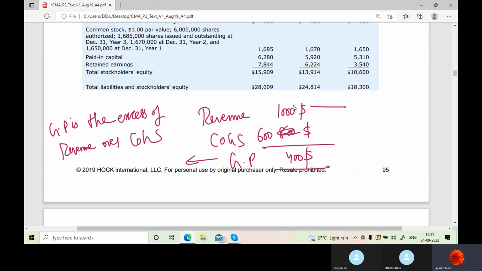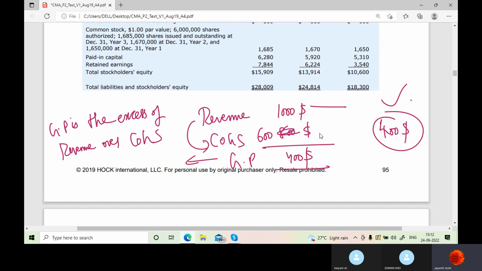That is nothing but your revenue is excess of your COGS by how much? $400. Your revenue is how much? $1,000. Your COGS is how much? $600. How much is your revenue more than your COGS? 400. Your revenue is more than your COGS by $400. That's an understood fact.